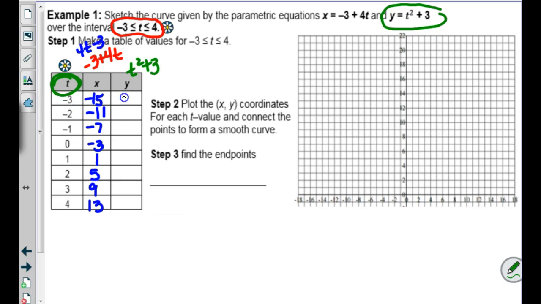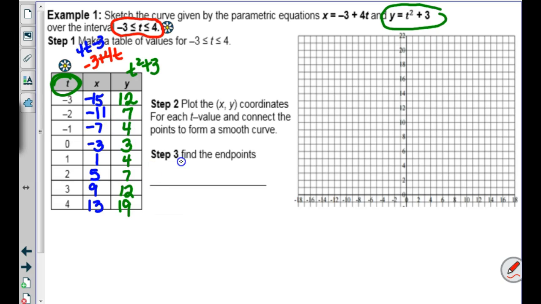So 9 plus 3 would be 12. 4 plus 3 would be 7, then 1 plus 3, and then it's going to start back again. And 4 squared would be 16 plus 3 would be 19. Did I do anything wrong? Somebody double checking me? Okay.